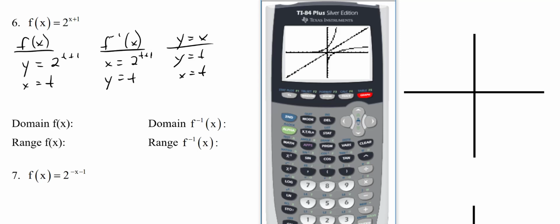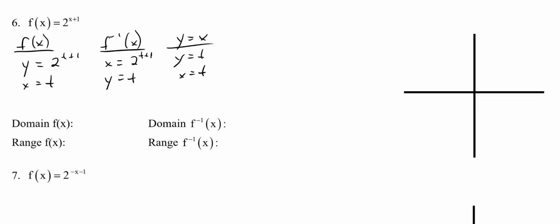So let's talk about the domain and the range for this function because I think that's kind of important. The domain of the original function could be any value you want, right? So I'm going to go negative infinity to positive infinity. And the range for that function basically can't be negative. It can be the smallest value. 2 to the negative 10 power is 0.0000, right?